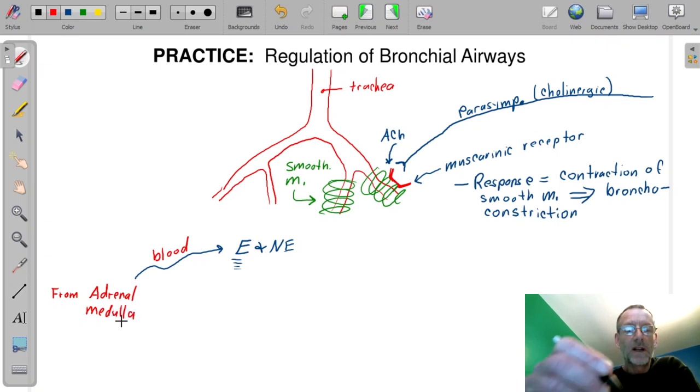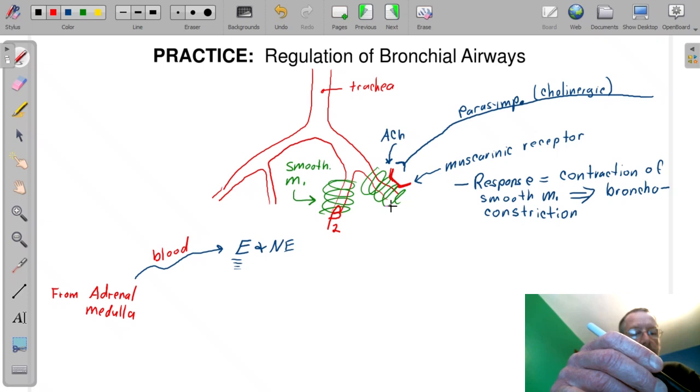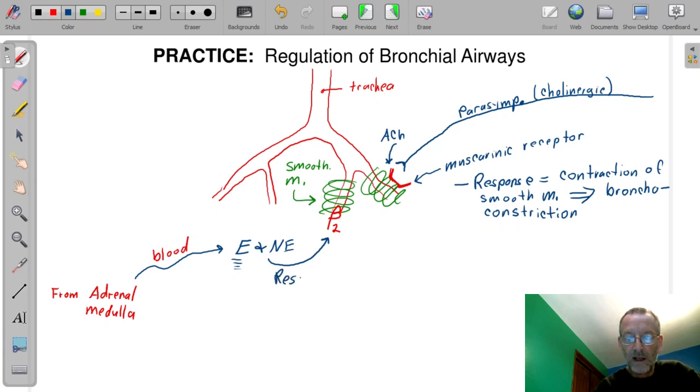And the receptor that we have is a Beta2 receptor. So there's our Beta2 receptor on the bronchiolar smooth muscle. So it has both receptors, both beta-2 and muscarinic receptors, and that binds to the receptor, and the response is relaxation of the bronchiolar smooth muscle.